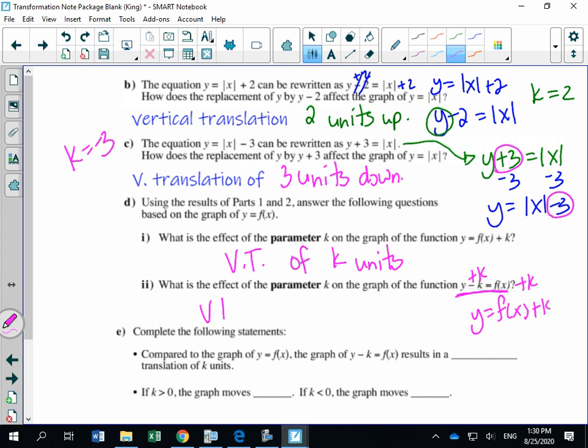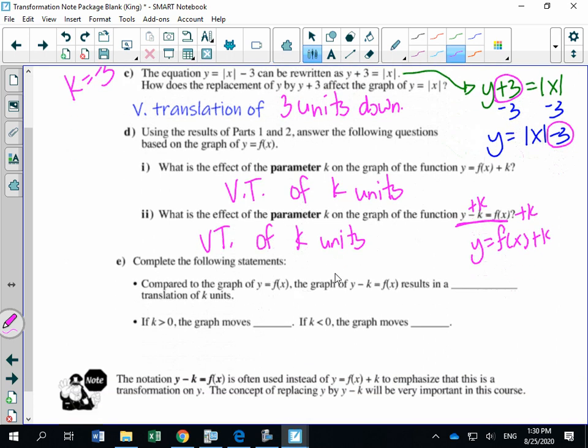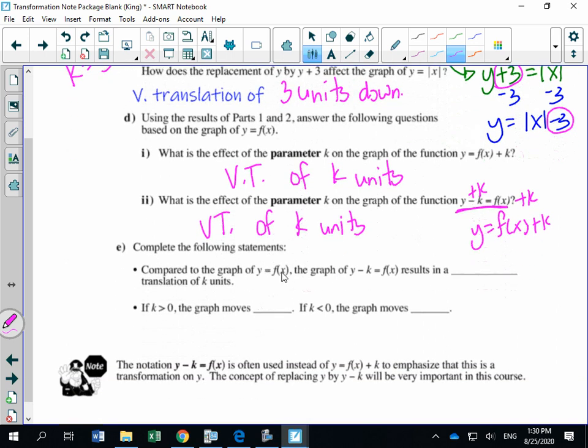That is a vertical translation of k units. Comparing this to this results in, again, a vertical translation of k units, because that's what the k parameter does. So if k is greater than 0, your graph moves up, and if k is less than 0, your graph moves down.